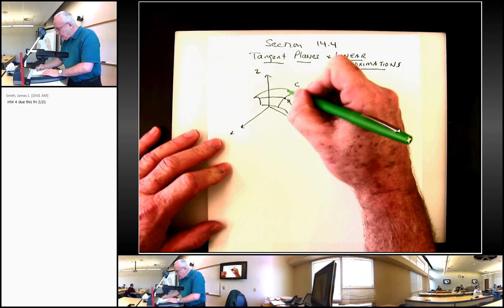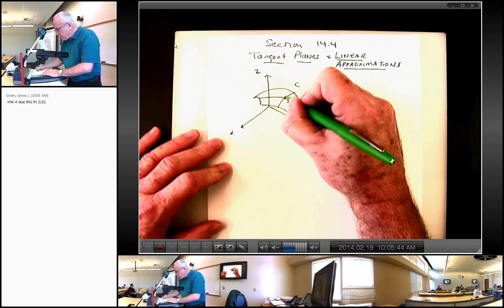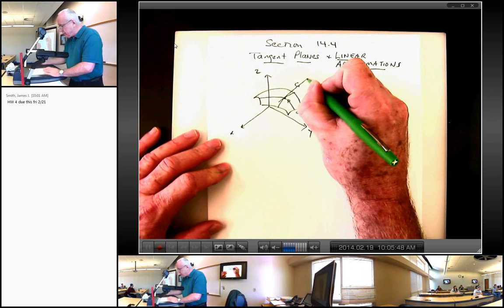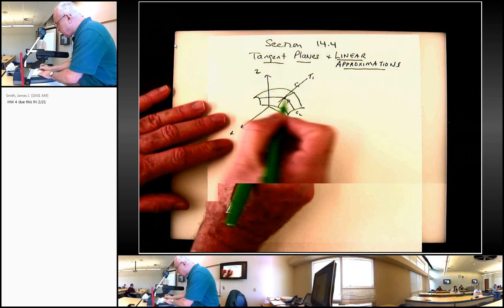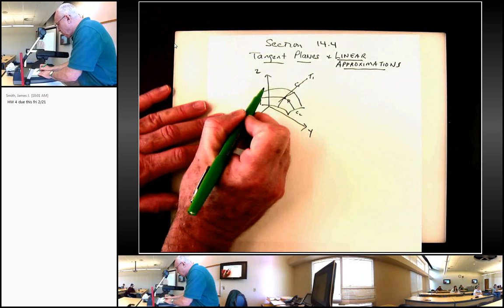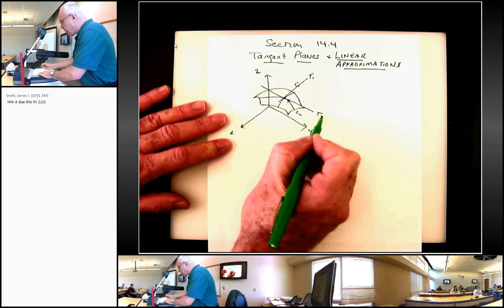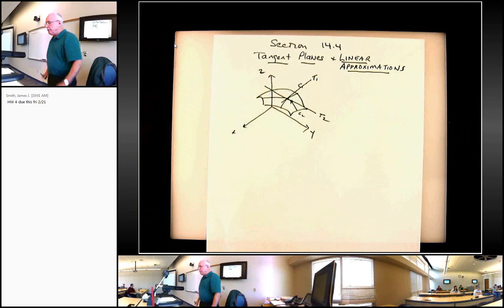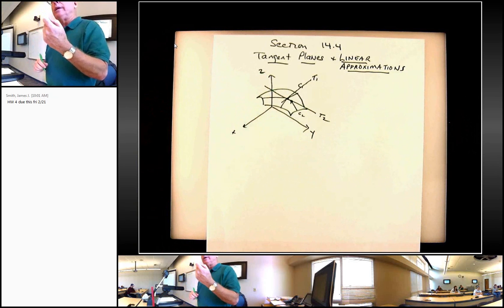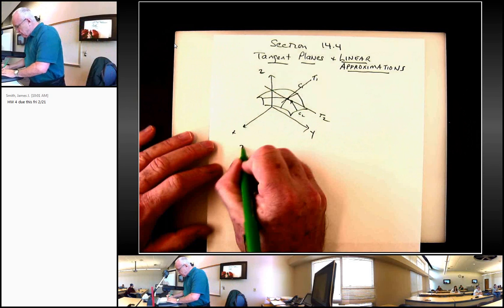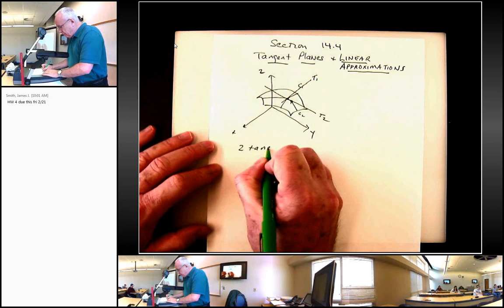So we have a tangent line going this way for C1. We'll call that T1. And a tangent line going kind of like this for our second curve, and we call that T2. And then these 2 straight lines that are going through that point form a plane, okay? So the 2 tangent lines form a plane.